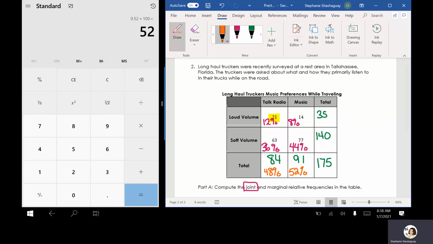Now we're going to compare the number of truckers that listen to their talk radio or music on loud volume. So they prefer loud volume, which is 35. 35 divided by 175, and we get 0.2. Multiply by 100, and we get 20%. I can write that a little bit better.